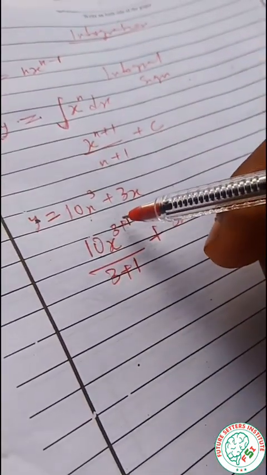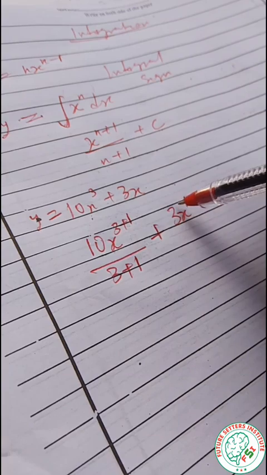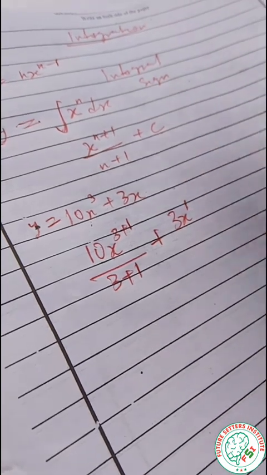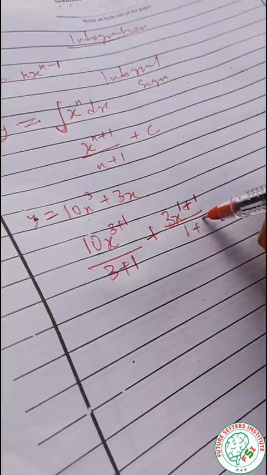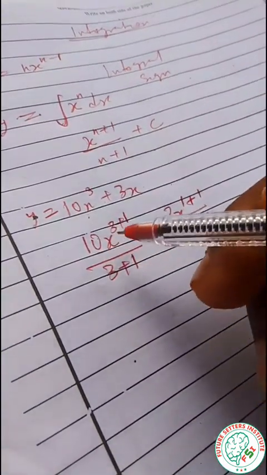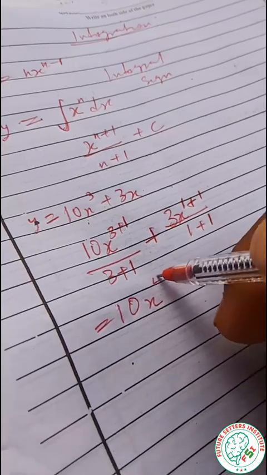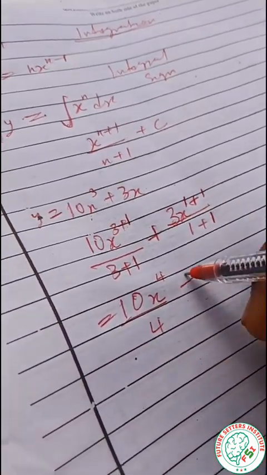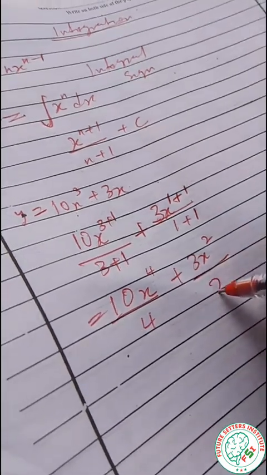Here is 10x^(3+1) over 3 plus 1. Then this part is 3x raised to power 1; you add 1 to it, and under it you have 1 plus 1. So you reduce this, and it gives you 10x raised to power 4 over 4 plus 3x raised to power 2 over 2.